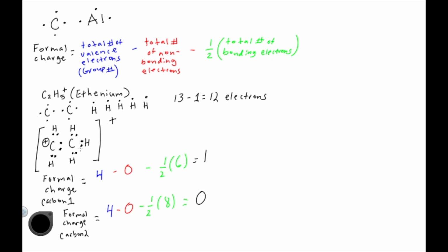And finally, for each hydrogen, if we want to find the formal charge for each hydrogen, we're going to find that the formal charge of these hydrogens is going to be equal to 0 for each one of them.